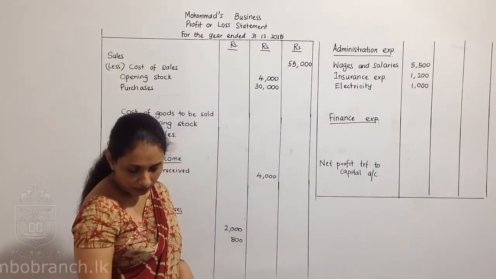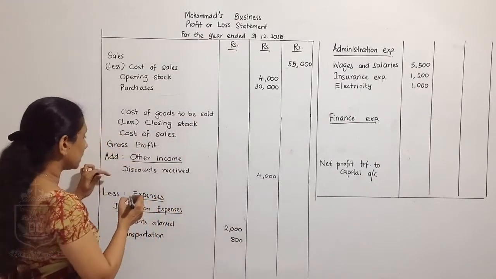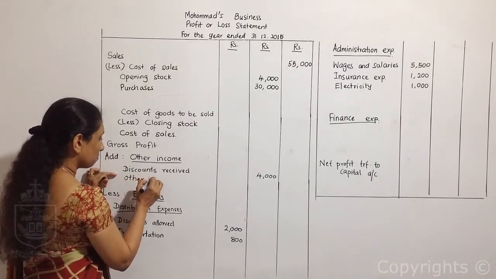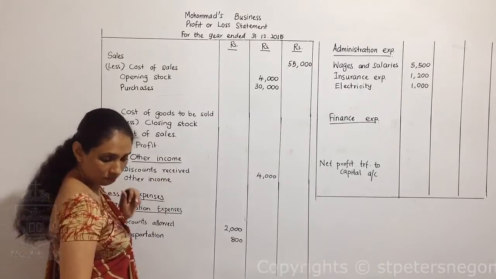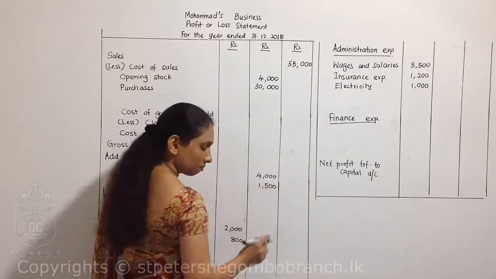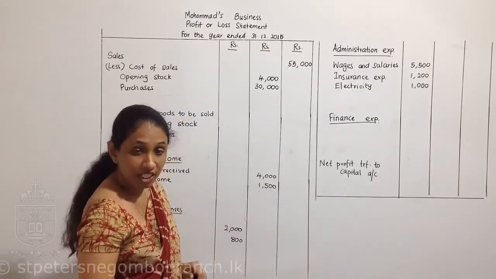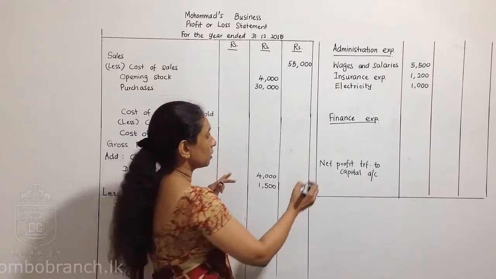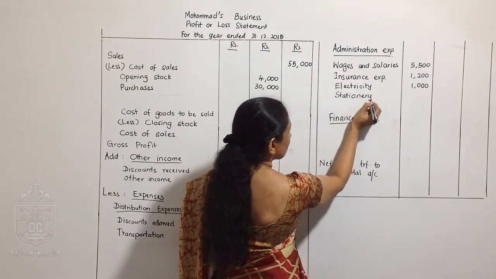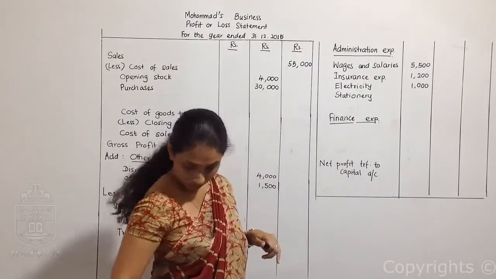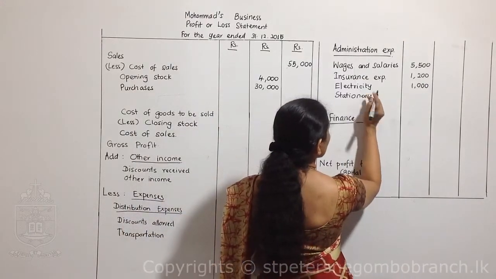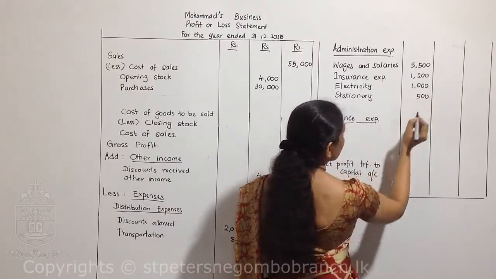Then we have other income. Let's go to the other income section, and it's not specified. It's 1,500. Then we have stationery, again goes under administration expenses. $500.